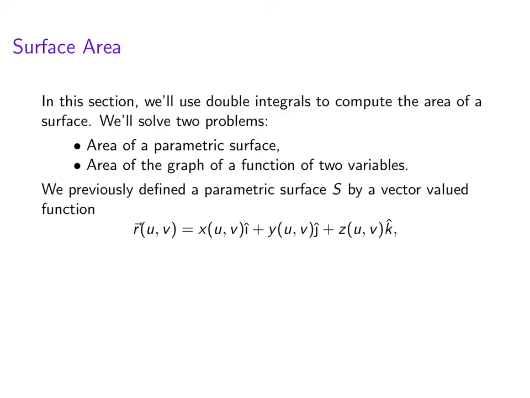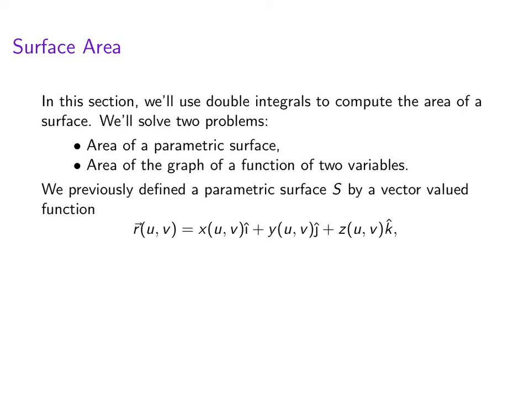All right, so to start with, I would like to remind you that we have defined what we mean by a parametric surface. That is, we have a surface that's given to us by a set of parametric equations. Here I've written it in vector form. So the x values are given to us by some function of u and v, same for y, same for z.